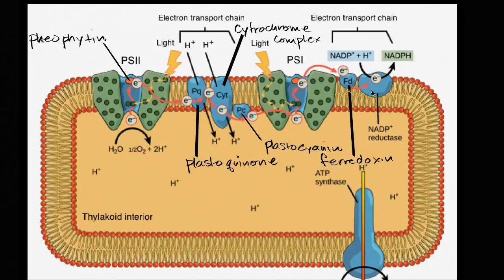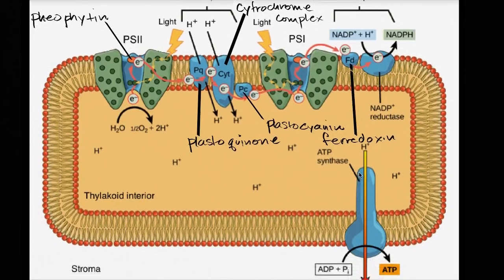It's one of the actors that the enzyme NADP plus reductase needs, along with NADP plus. So it's essentially just reducing NADP plus along with this electron that's on the ferredoxin to produce NADPH.